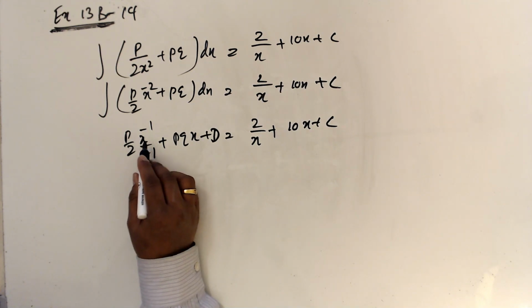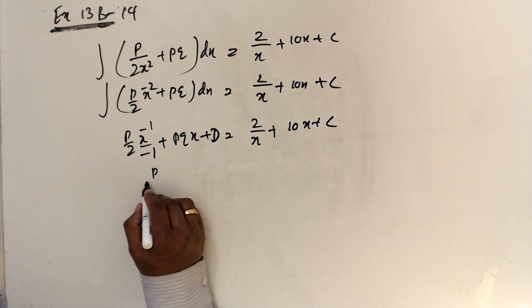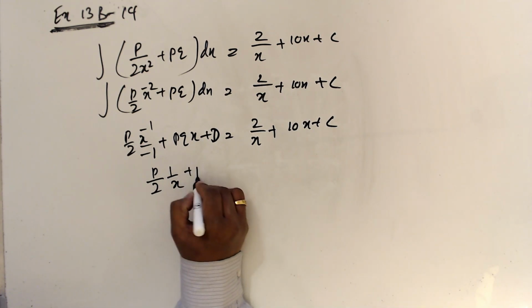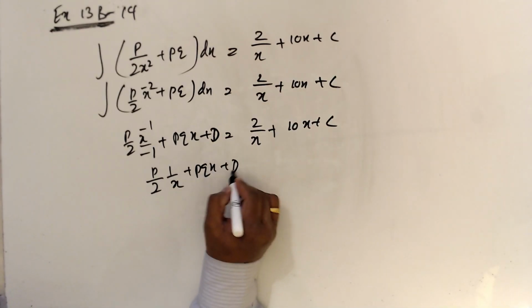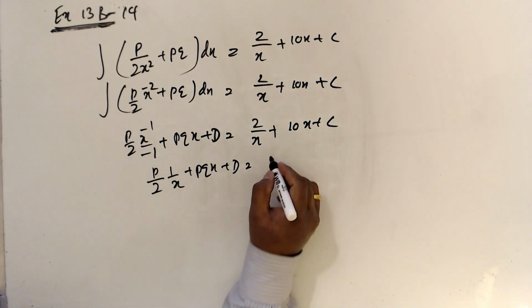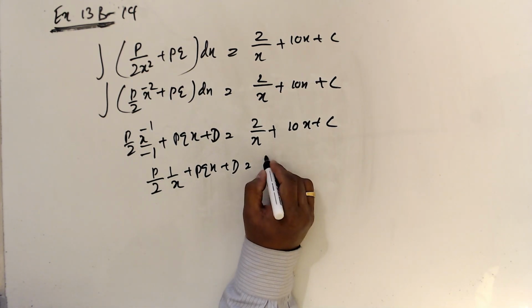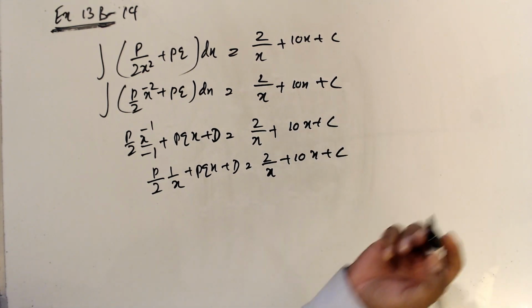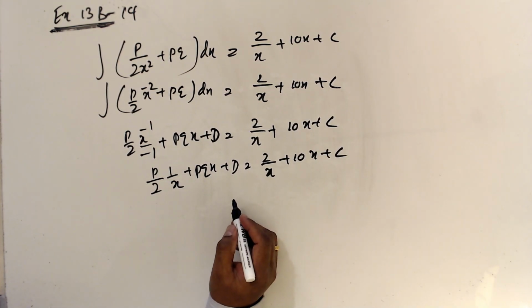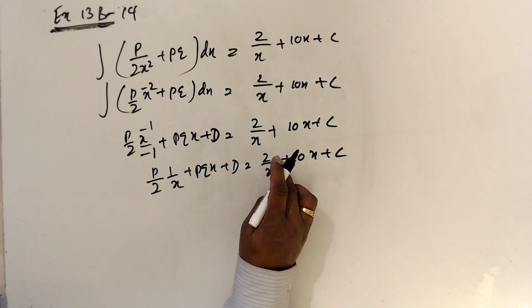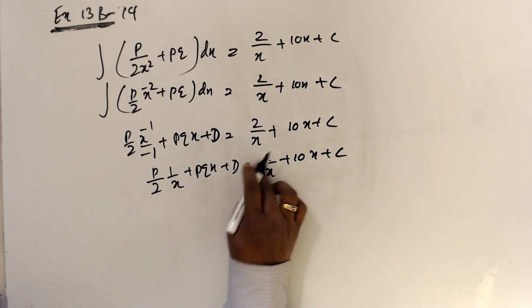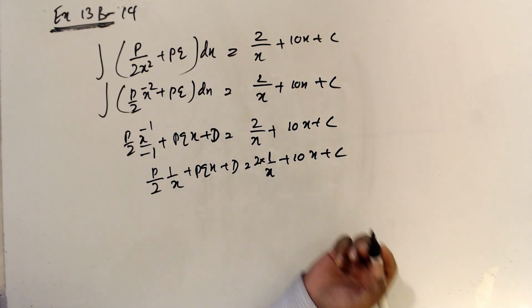So when I simplify this one, this is p over 2 times 1 over x plus pqx plus d equal to 2 over x plus 10x plus c. I can write 2 over x as 2 times 1 over x.